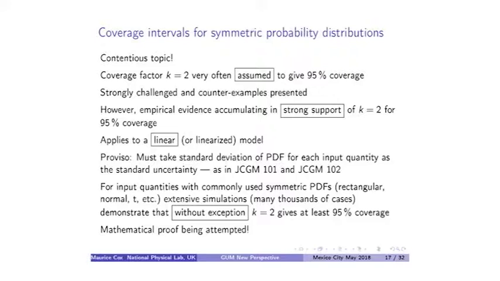For input quantities, we commonly used PDFs: rectangular, normal, t, U-shaped, and so on. Extensive simulations, many thousands of cases, have supported that k equals 2 always, I've seen no exception, always gives at least 95% coverage.